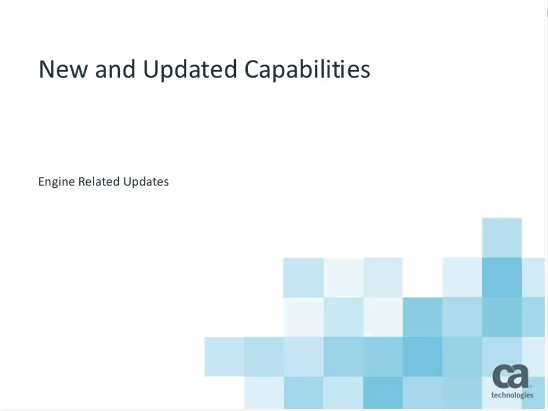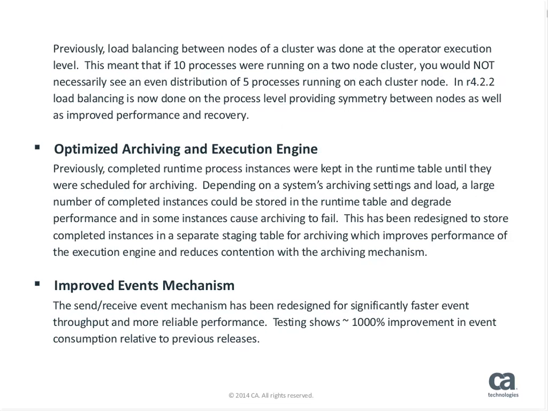In terms of new capabilities for the engine, the first thing we've done is this: previously, when we were doing load balancing, the load balancing was actually done at an operator level. So what the engine would essentially do is break down all the various processes that we're currently running and create a pool of operators that were eligible for execution.